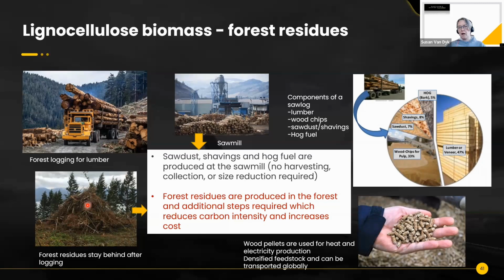So they're trying to put policies in place to encourage the use of this for other applications, so that it doesn't stay behind and that you reduce the amount of carbon that stays behind in the forest. But this is not necessarily the case in all countries. So it's really important. You need to leave some behind for soil carbon, but not too much.